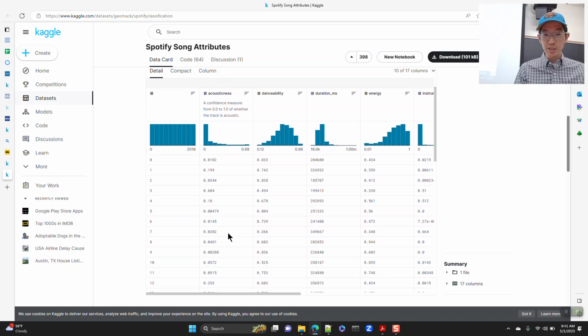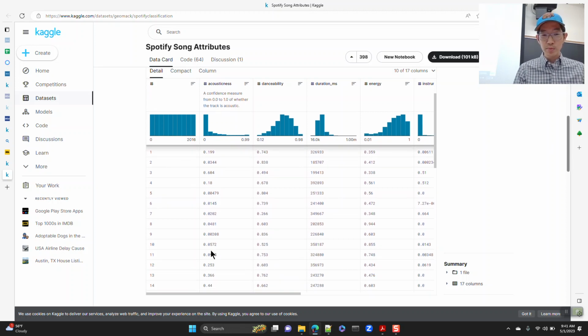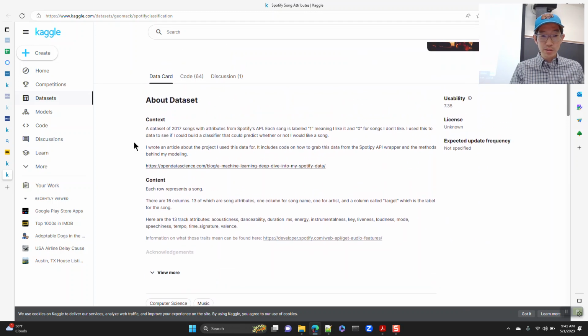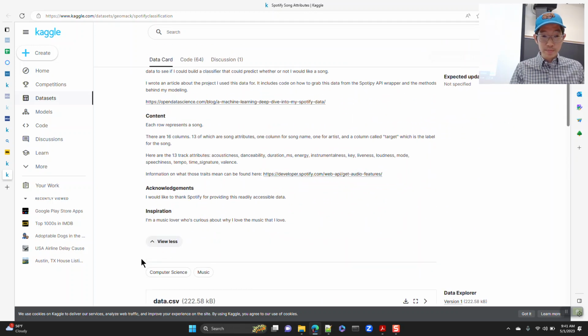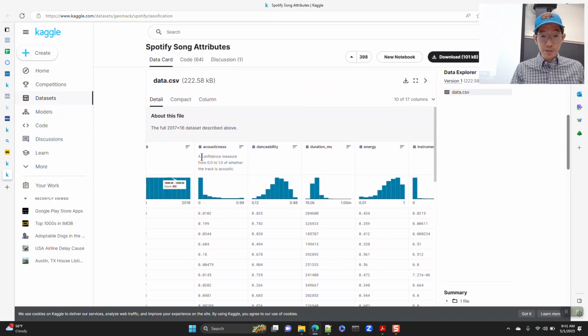And acousticness would get a score like 0.0102 and 0.199 and 0.0202, 0.0481. And I just asked, okay, it says acousticness, the description says a confidence measure from 0.0 to 1.0 of whether this track is acoustic.